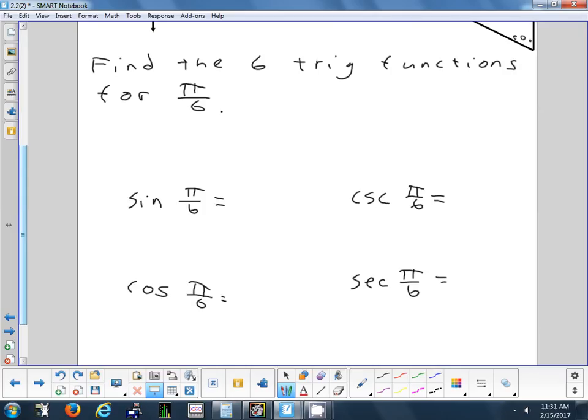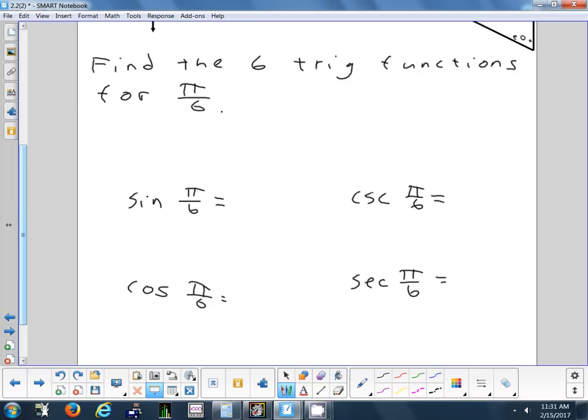Okay, so Wendy, what's the first thing I have to figure out? Yeah, I've got to get the coordinates somehow. I can't do anything until I get that.